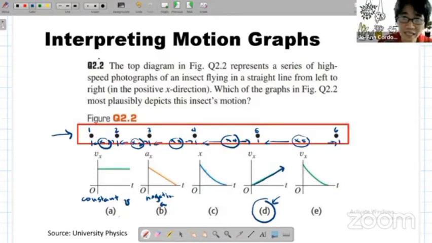Okay, so in the case of letter C, what is happening here is that actually we are having a negative displacement. So, di ba? Kasi kung mapapansin nyo po, ang nangyayari ay yung from a positive x, it is actually moving back towards the origin here in this case. So therefore, hindi rin siya pwede. And then finally, letter E. Bakit hindi pwede si letter E?